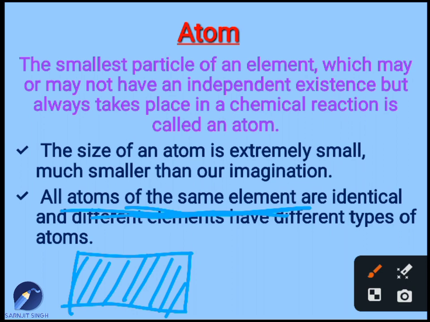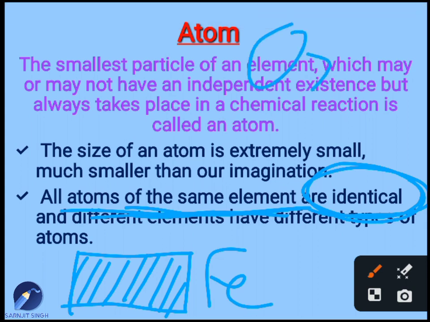All the atoms of this iron piece are the same, all atoms are identical. Here I have taken iron as an example. You can also consider oxygen or any other element.